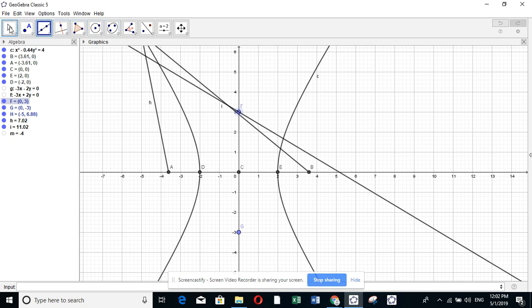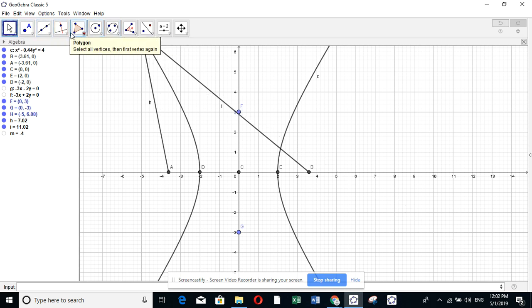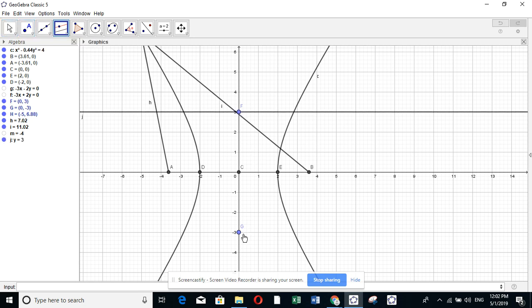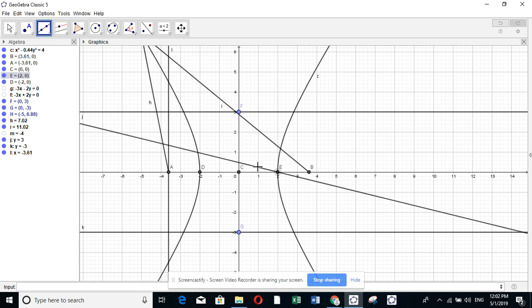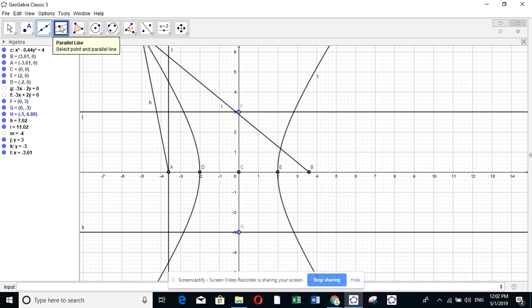I draw a parallel line from point A to the line, and from point G to the x-axis, and another parallel from A to this one, and from E, from the vertices, sorry, from the vertex to the y-axis. Here this is wrong, a parallel from D to this one.